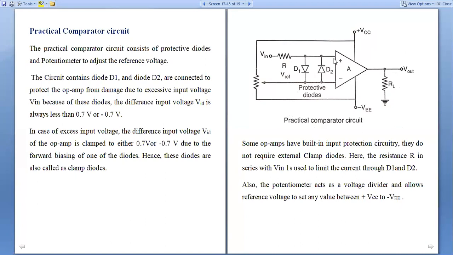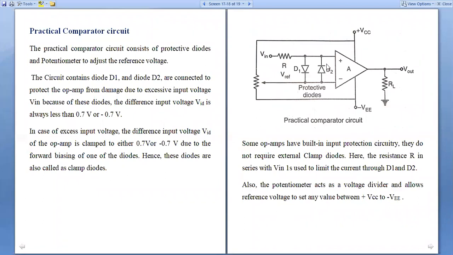The input voltage is connected to the positive, non-inverting terminal, and the reference voltage is applied with the help of a potentiometer across the inverting, negative terminal. See here, diodes D1 and D2.